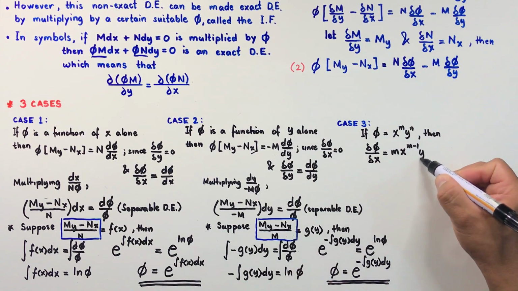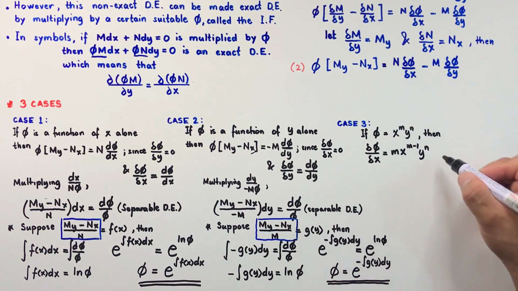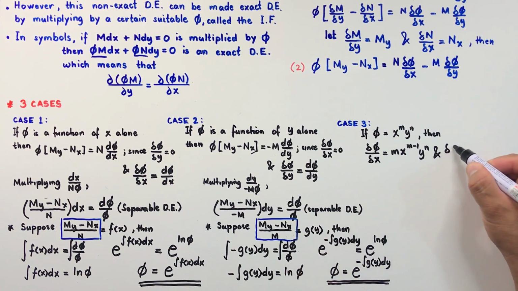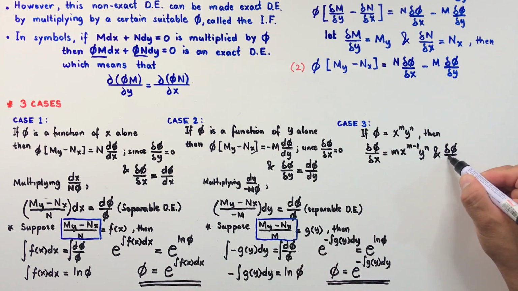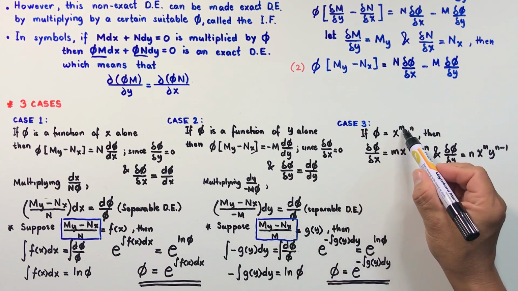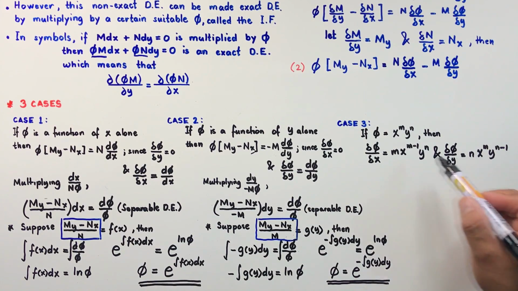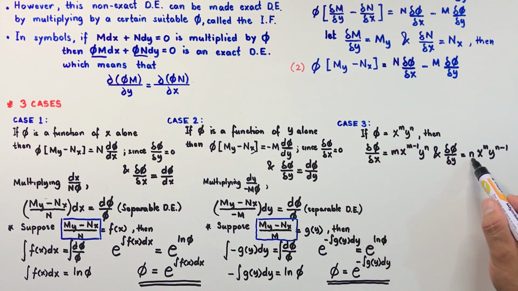But this y to the power n will be copied because this is treated like a constant. And also taking the partial derivative of our phi with respect to y, we have n times x to the power m times y to the power of n minus 1, because x to the power m is treated like a constant when finding the partial derivative with respect to y. So applying the rule for the power, we have n times y to the power n minus 1.